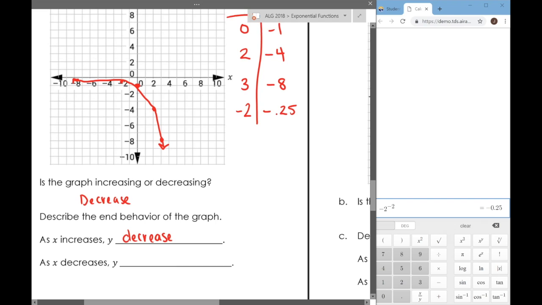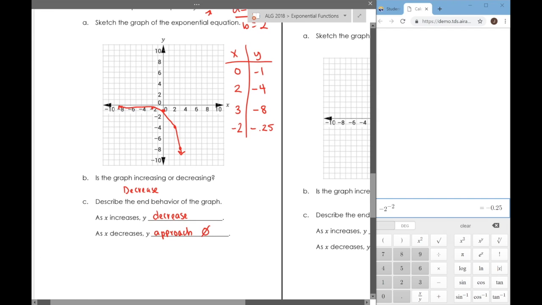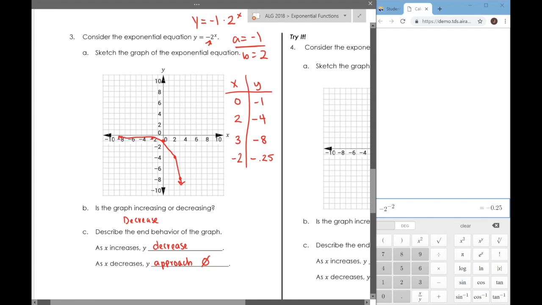Okay, and as x decreases, so as my x numbers go negative, what happens to my y's? Well, they approach 0. Okay. Therefore, whenever we have a negative, the entire thing is on the negative end. All right. That's it for this video, and I will be checking these notes.